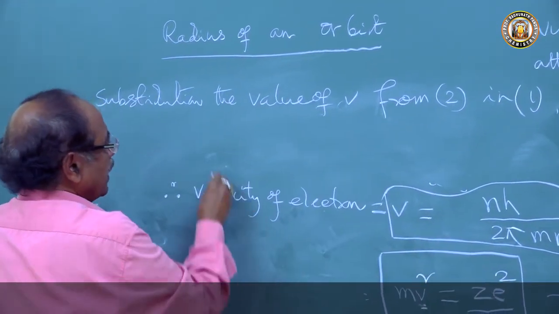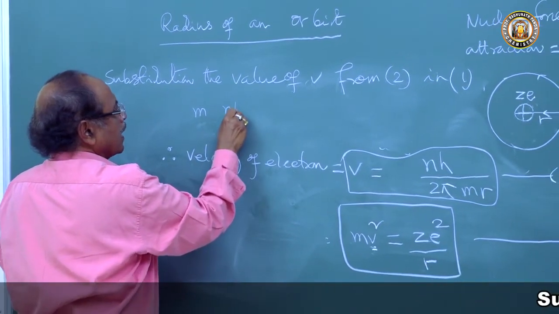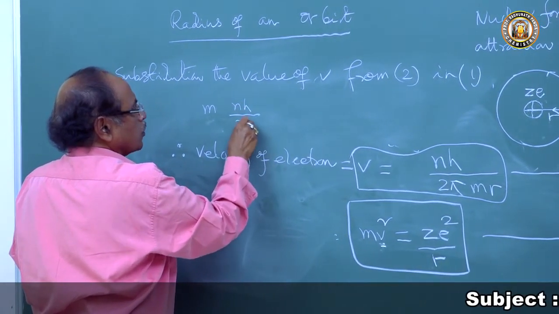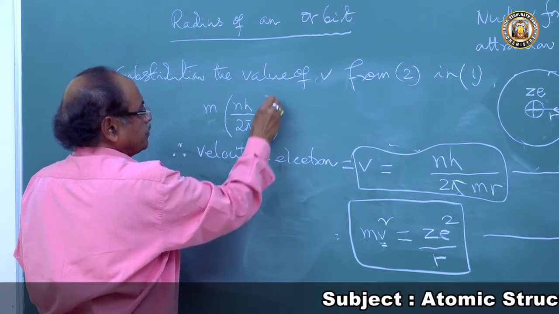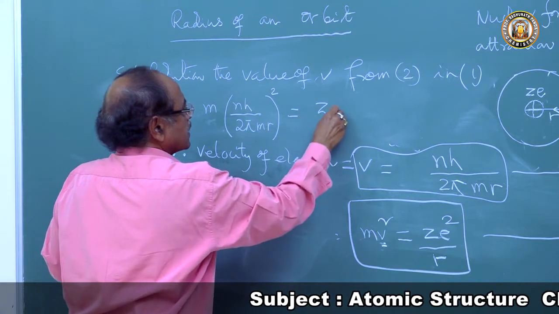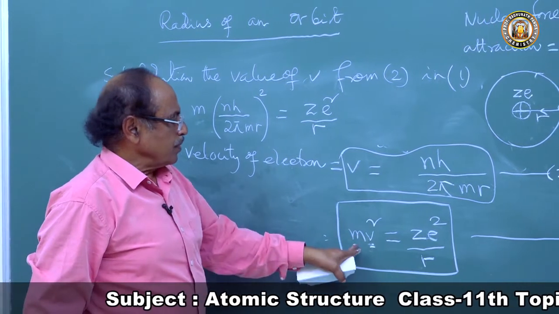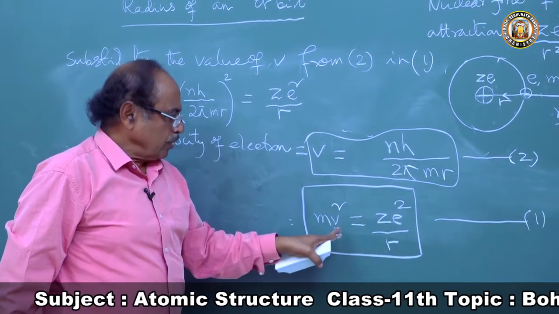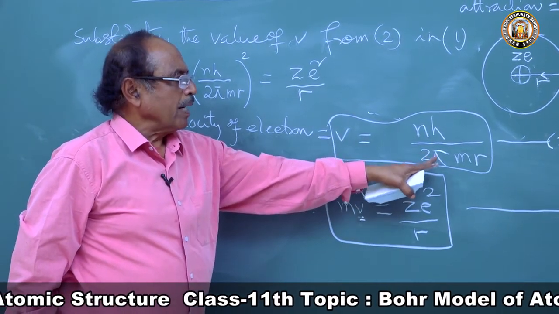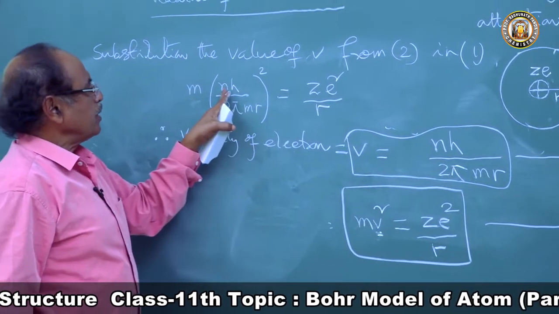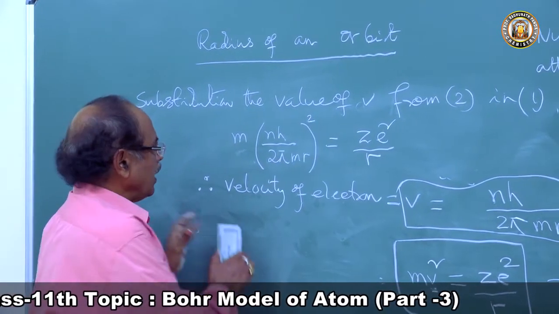So what will happen here? mv square will be equal to z square by r. So we put the value of v here. What is the value of v? nh by 2 pi mr. So when you put the value here, m times nh by 2 pi mr, squared, will be equal to z square by r.